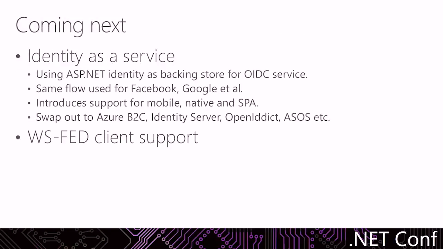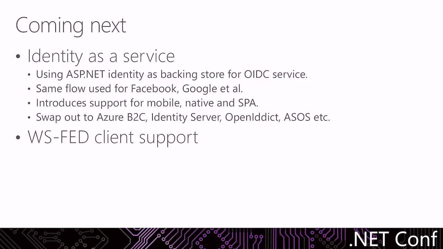What is coming next? In 2.1, we are looking at identity as a service. I talked about OIDC, which is the standard for federated identity these days. We've had OpenID, we've had OpenID Connect, and we've had WS-Fed support years and years back.